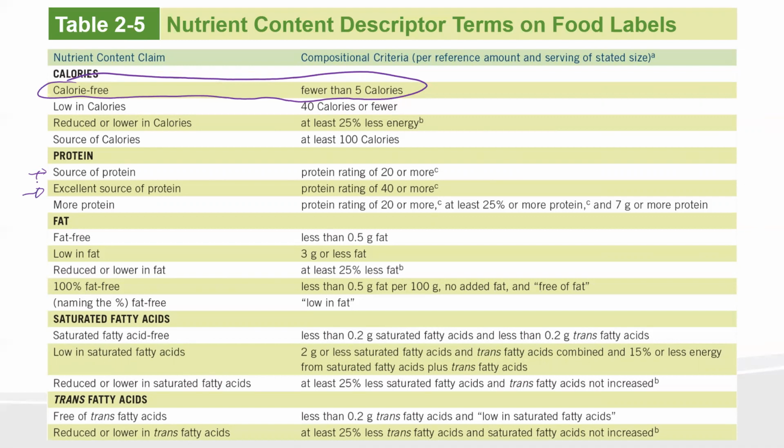Here's one too, we'll talk about it when we get down to trans fats, right? Free of trans fats. Just because something says it is 0 or free of trans fats, there may be small quantities in there. The reality is with something like trans fats, when the quantities are so small, we don't have methods to measure them.